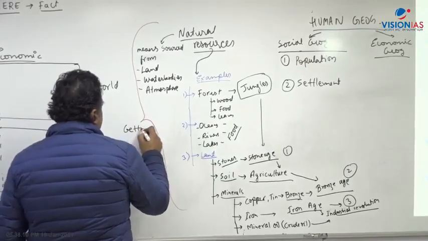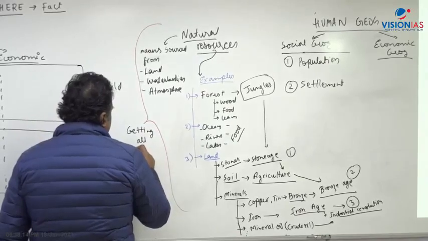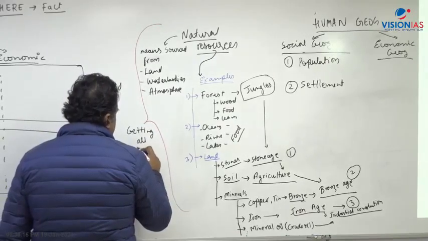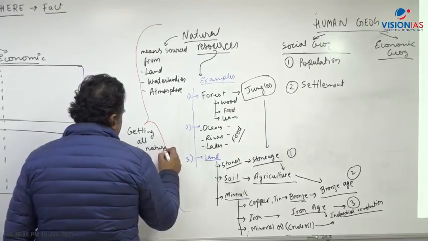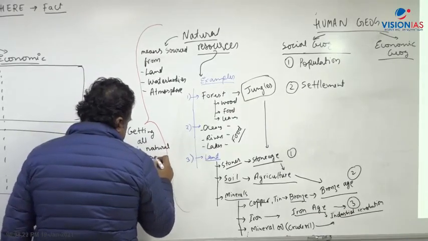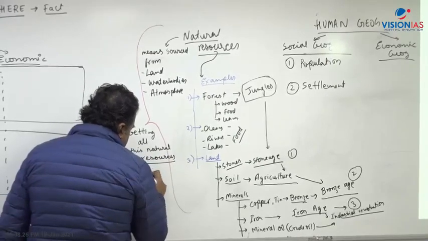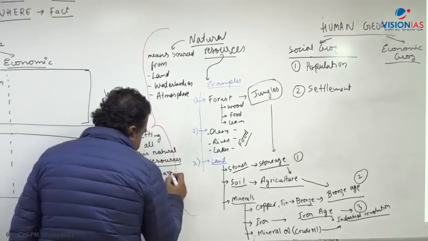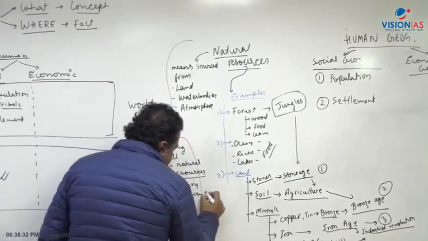Getting all these natural resources is called primary economic activity.